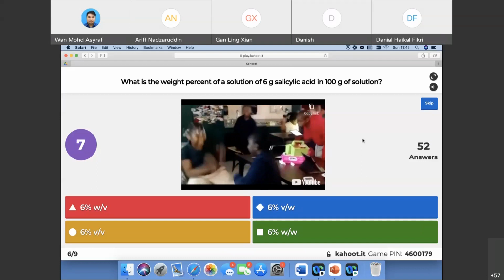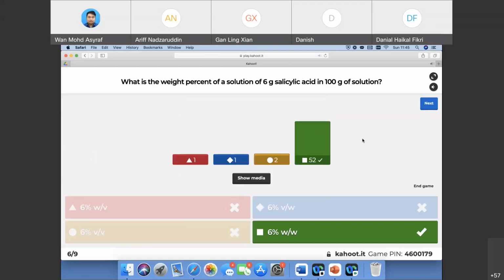Pay attention towards the unit here. Alright, so 52 of you got it right. So 6 divided by 100, alright? And then times 100, so basically 6%, and weight per weight because both of them is in gram.